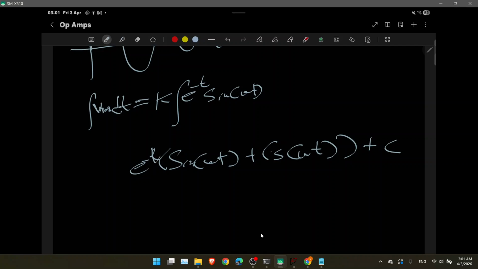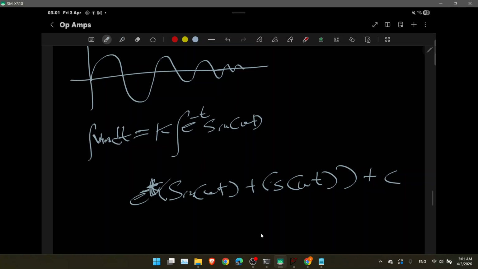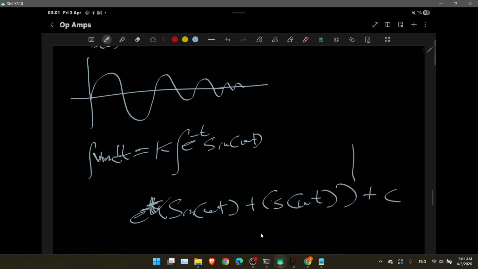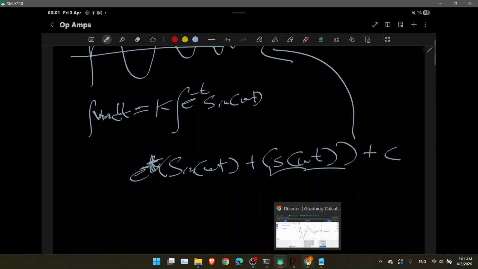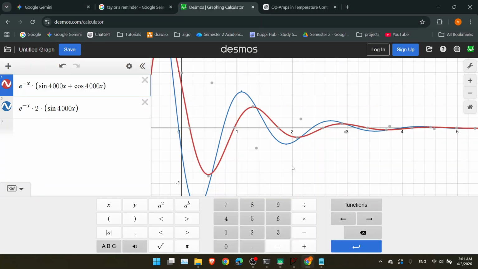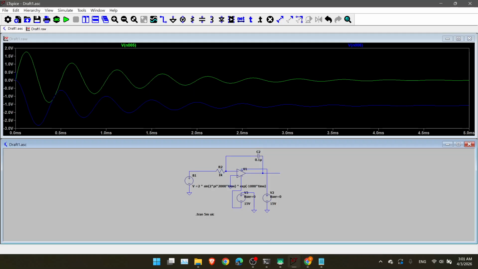So it is like the same function as this, only a cos term is added. I graphed it using Desmos, and I get this. But in the simulation we have a different value, because by applying the initial conditions we should find this c.